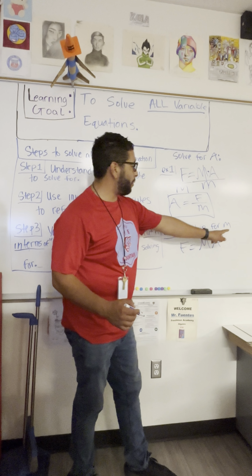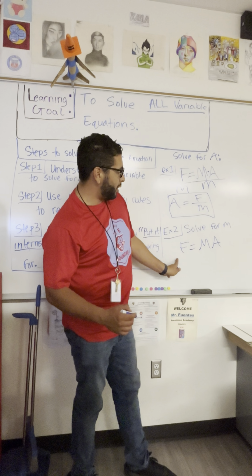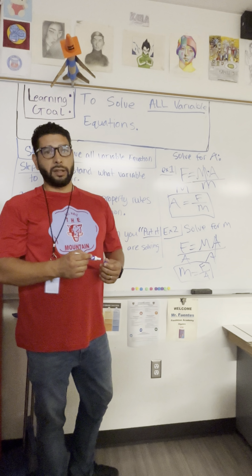This time I want to get M by itself, so I want to get A over here. What's the opposite of multiplying by A? Dividing by A. And now my A's cancel, and I'm left with M is equal to F over A. All right, so that's another example right there.